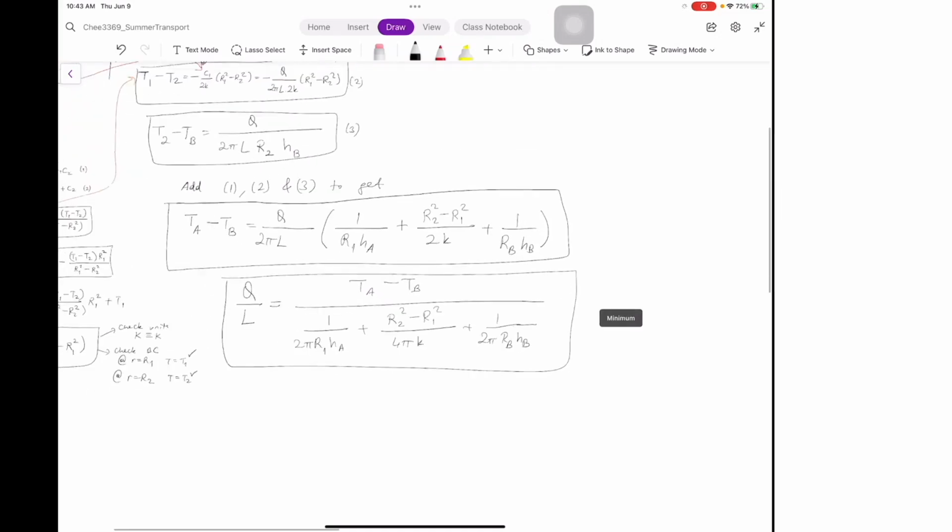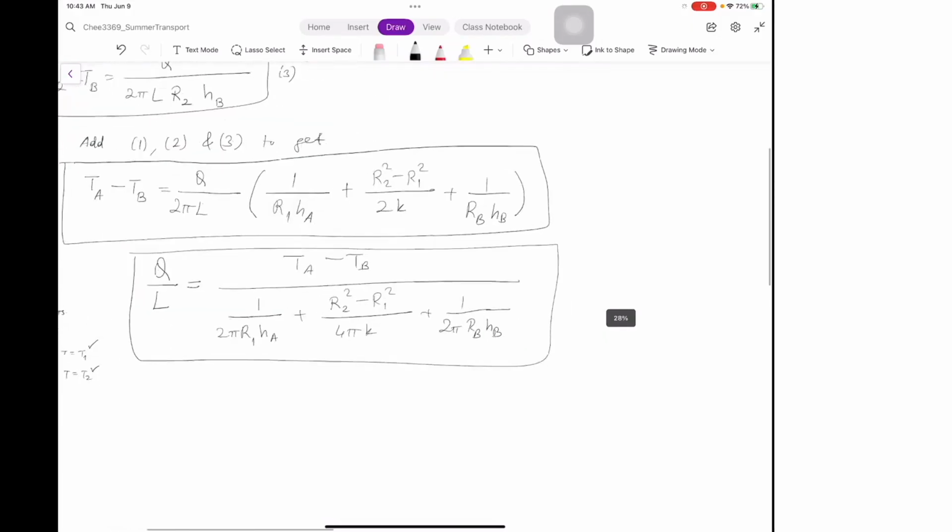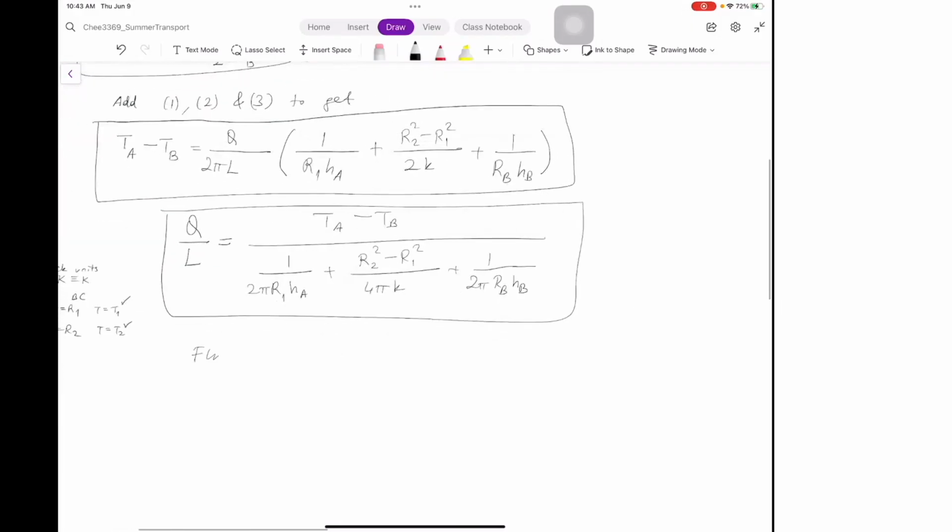with respect to the fluid temperature. And if you think about this as like flux is proportional to the delta T divided by resistances, this gives you the heat transfer resistance due to the fluid A pipe interface. This gives you the heat transfer resistance due to the pipe skin, and this is the heat transfer resistance.